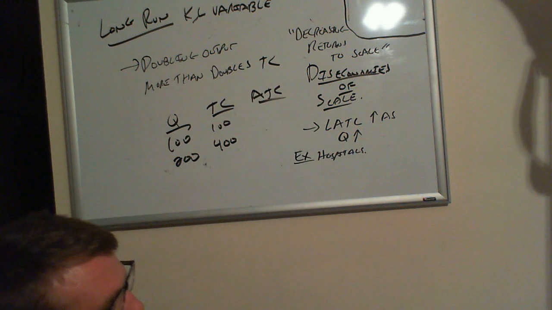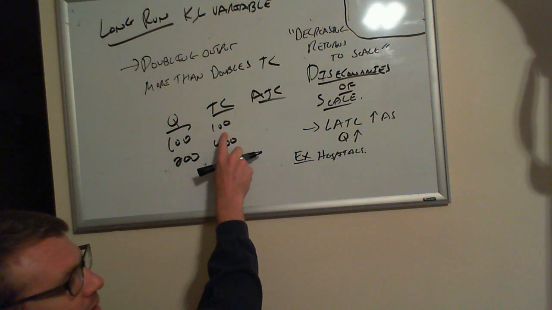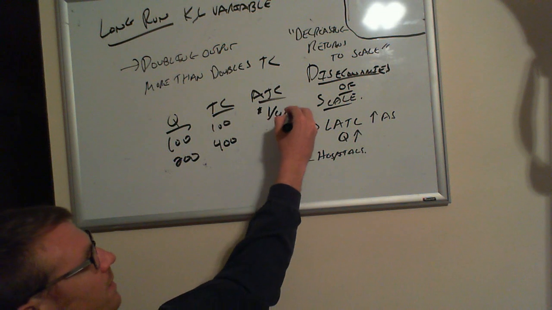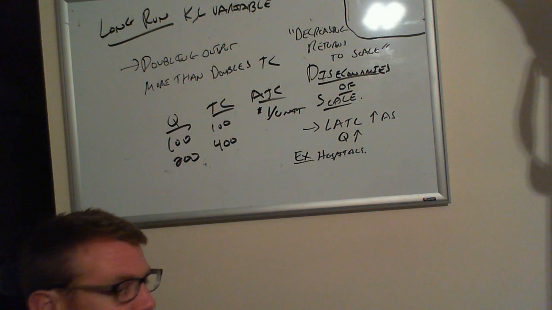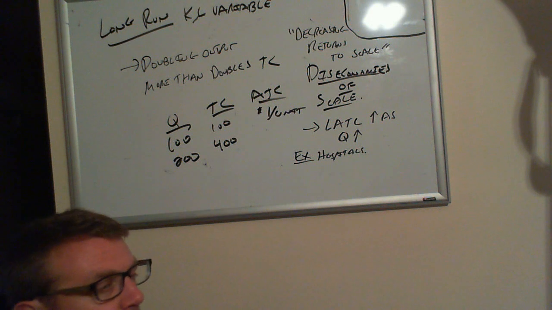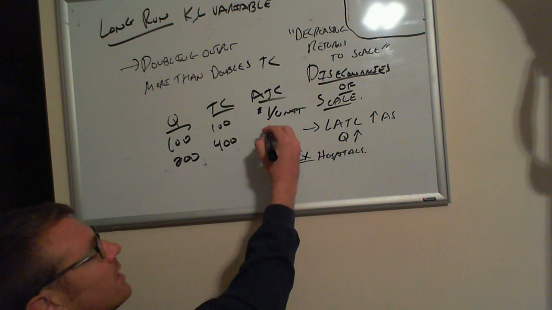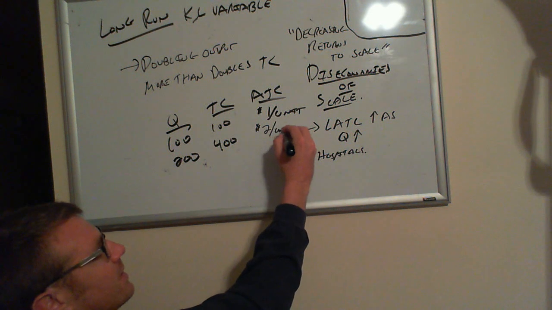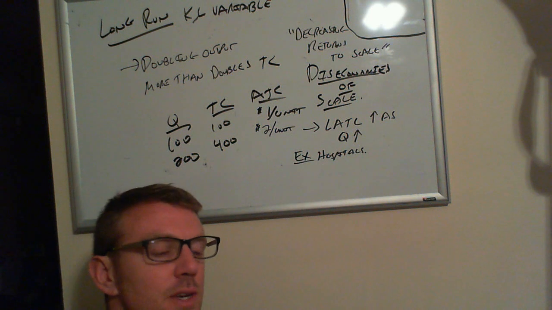What's happening to ATC here? Total cost divided by Q, 100 over 100 is $1 per unit. If I become bigger, thinking that's going to decrease my unit costs and help with profit, I would be wrong. Total cost over quantity is $2 per unit. So becoming larger makes my costs grow in this type of industry.